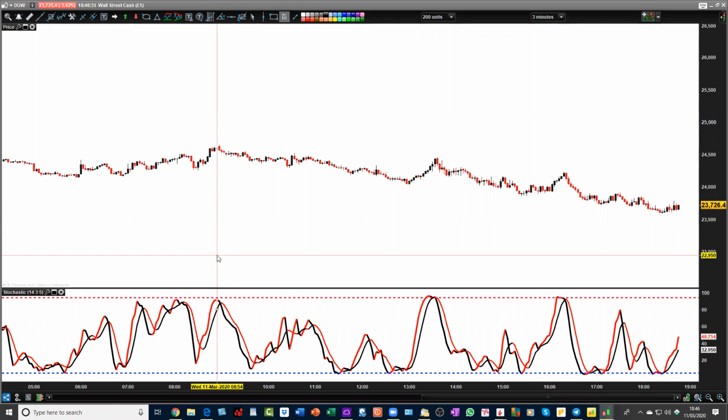And then we've looked at the fragility of gold at these highs, the lack of movement in the oil, the fact the euro US dollar is weak and looks weaker.